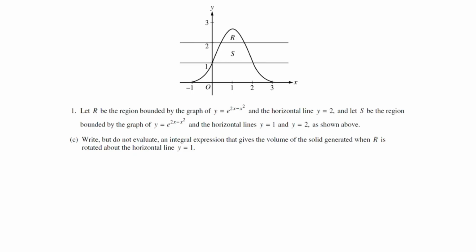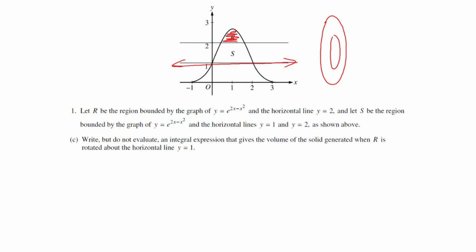And for our last one here, we're just going to see what happens if we revolve region R around the horizontal line y equals 1. So we're taking region R, which is not fully pushed up against that line y equals 1, and revolving it around, which means we're going to get these washer cross sections because we've got a gap in the middle.